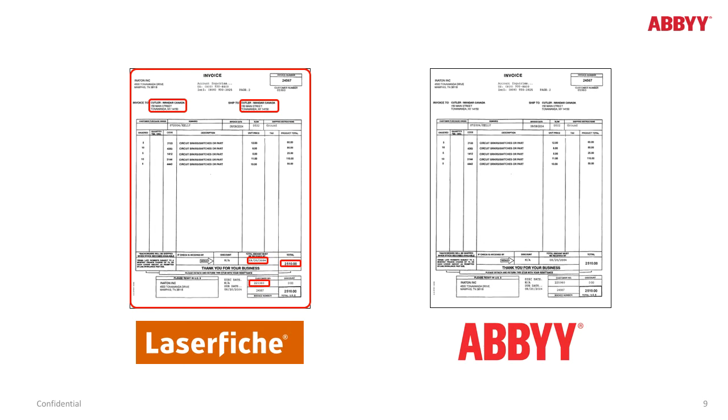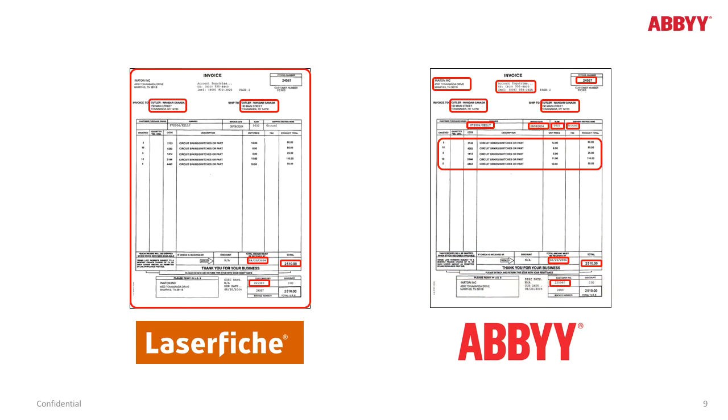ABBYY, on the other hand, will scan and OCR the whole document and automatically recognize where that data exists and extract that information and make it available for the applications that then subsequently use that data. And in this case, we're going to be passing that information on to Laserfiche.